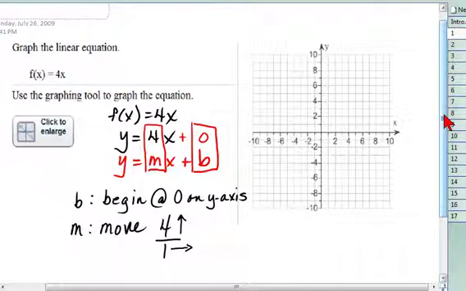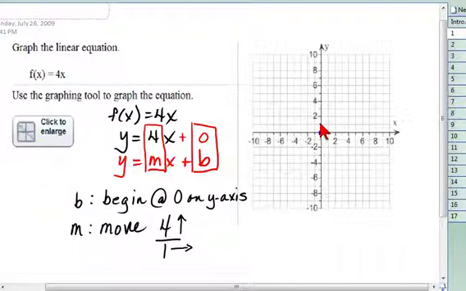Okay, the M and B. Begin with the B value: begin at 0 on the y-axis. Move, according to the instructions, from that point up 4, right 1.